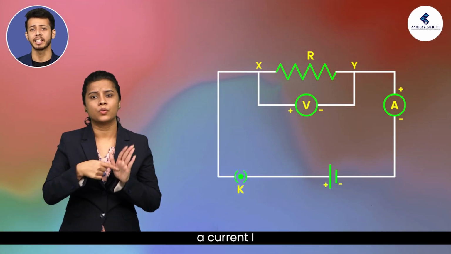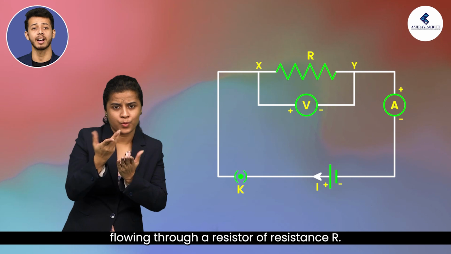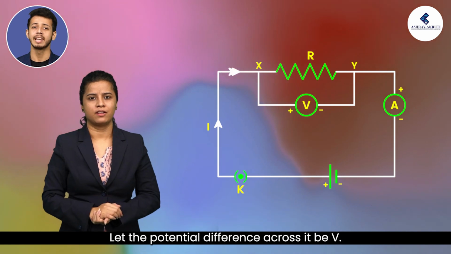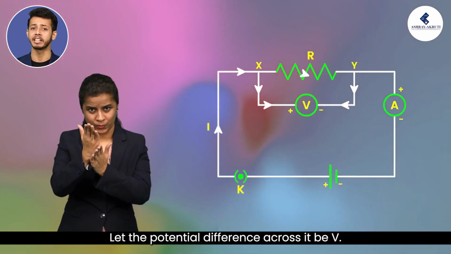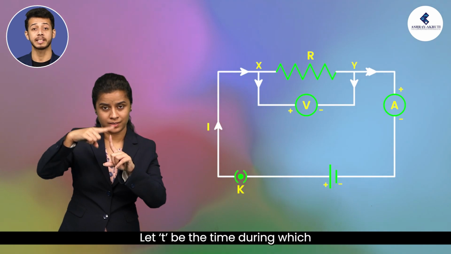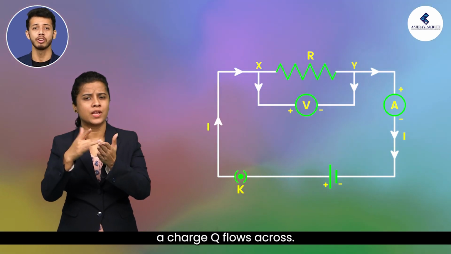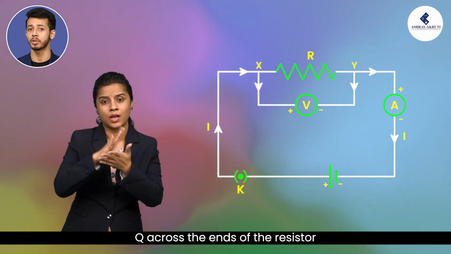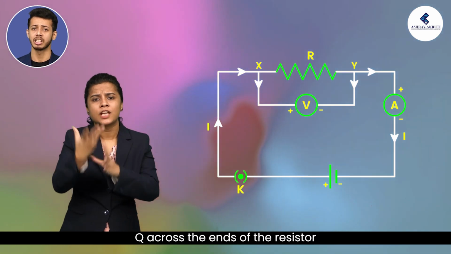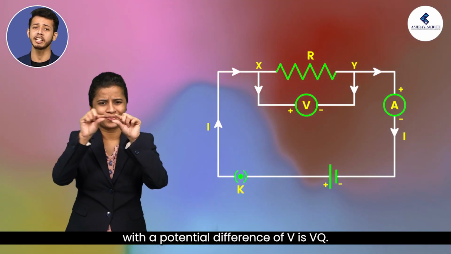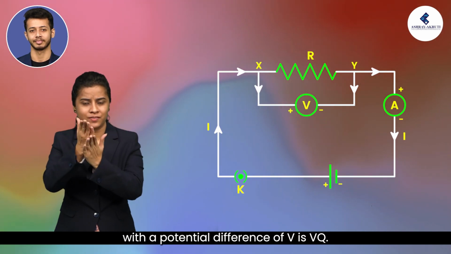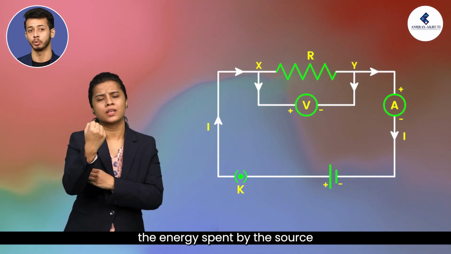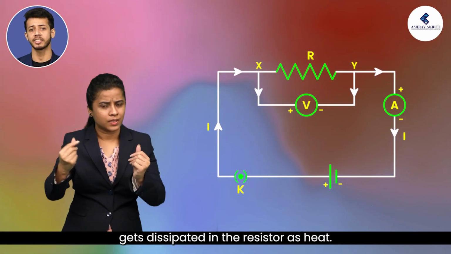Consider a current I flowing through a resistor of resistance R. Let the potential difference across it be V. Let t be the time during which a charge Q flows across. The work done in moving the charge Q across the ends of the resistor with a potential difference of V is VQ. While doing this work, the energy spent by the source gets dissipated in the resistor as heat.